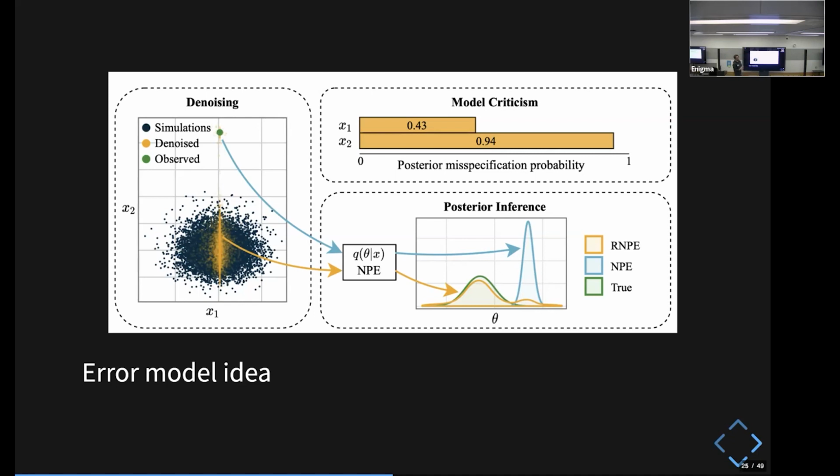That's easy to see in a two-dimensional picture. It's much more difficult if you have a very high dimensional simulator, where your output is on a very complex manifold and so on. But what you would like to have is an algorithm that can look at your simulator and your real data, and tell you there's a potential for misspecification in a particular aspect of the simulator, whereas the other aspect works quite well.